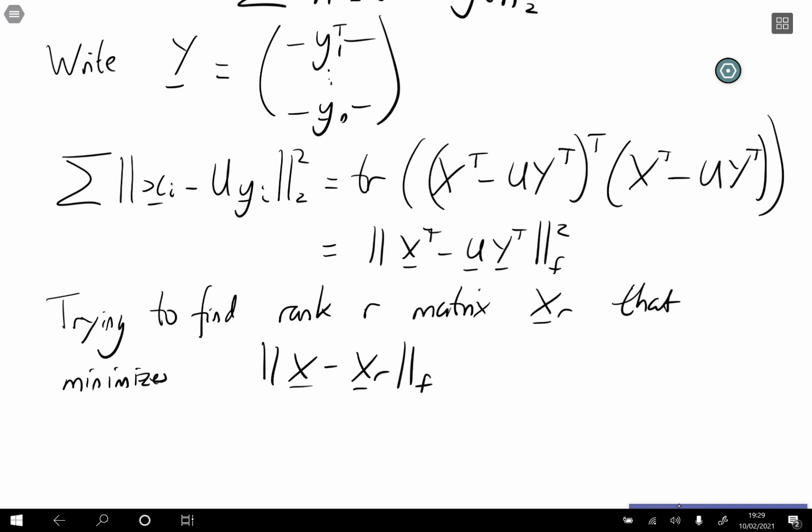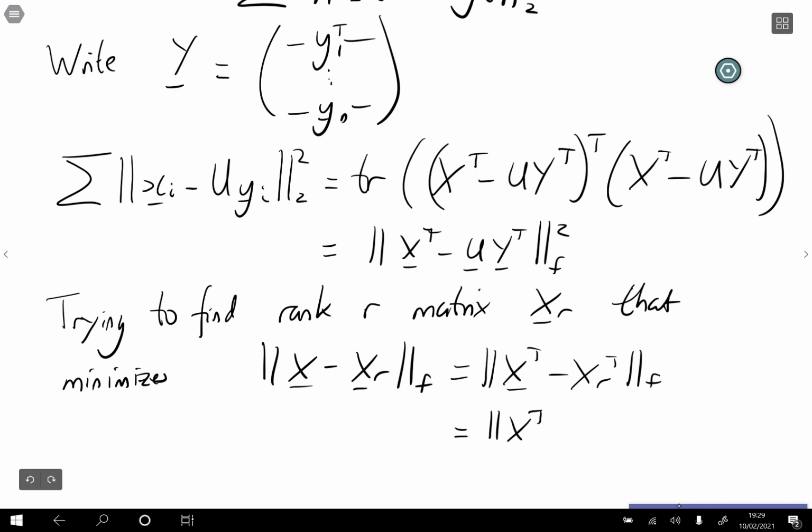Now, it doesn't matter if we transpose these, so this is the difference between X transposed minus XR transposed. Okay, it makes no difference at all. And all we've said here is that a rank R matrix is of that form.